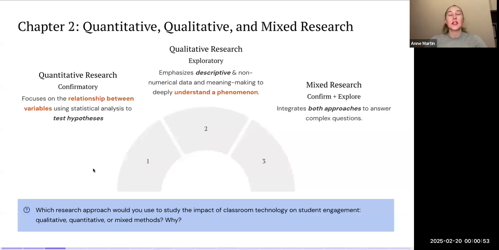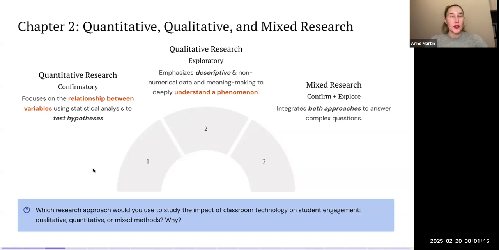Quantitative research is confirming the relationship between 2 or even more variables. So the presence of variables is very important for quantitative research, and we are testing hypotheses, using statistical analysis to test hypotheses to understand, is there actually a relationship between those variables or not?